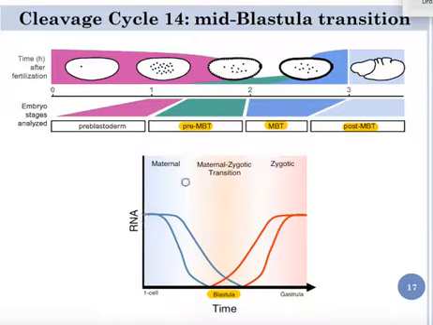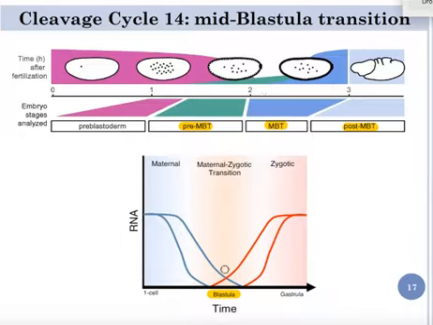What are the maternal genes? The maternal genes are genes expressed by the mother, and they are inherited by the embryo at the very early stages. Okay, so it means here in this figure, so this stage, this one, and this one, we have maternal gene expression. So these genes are expressed at the level of messenger RNAs, and they are inherited from the mother.